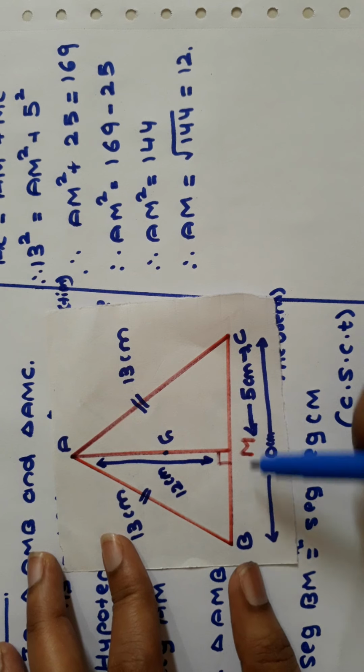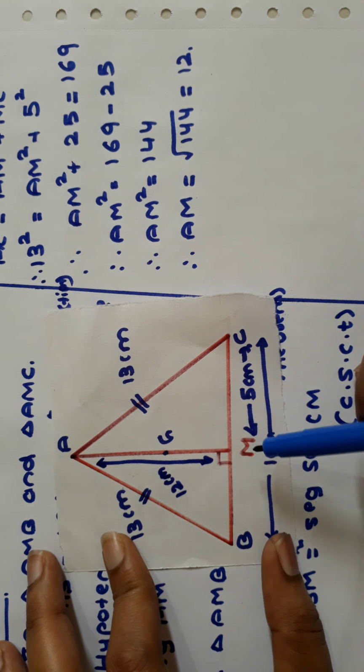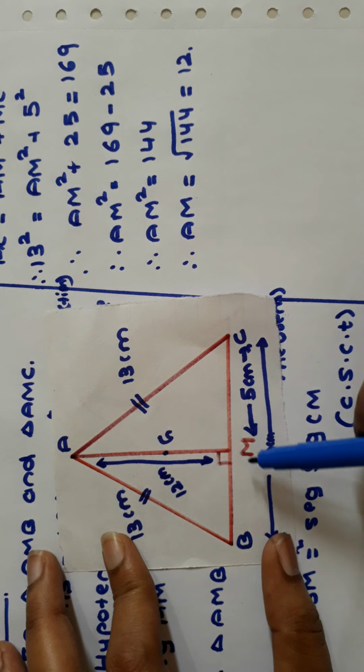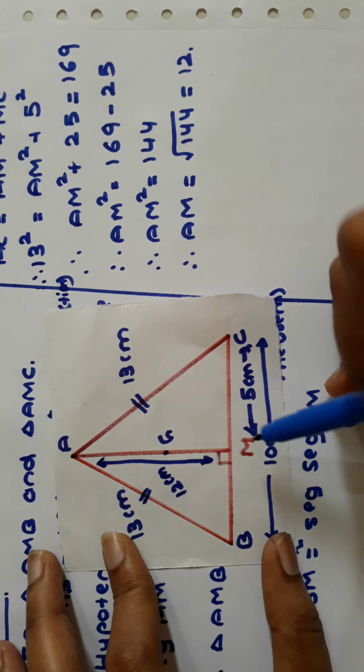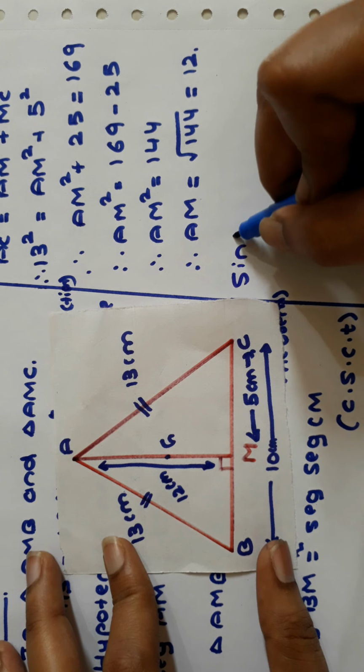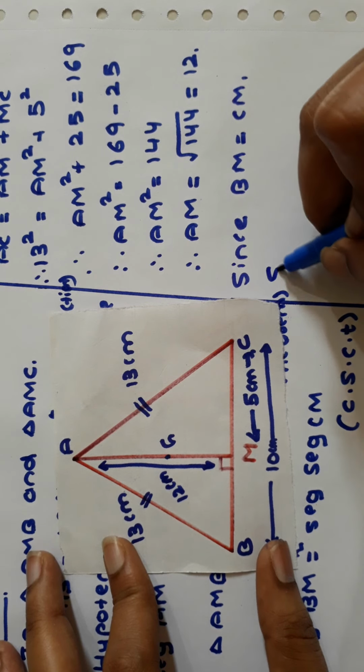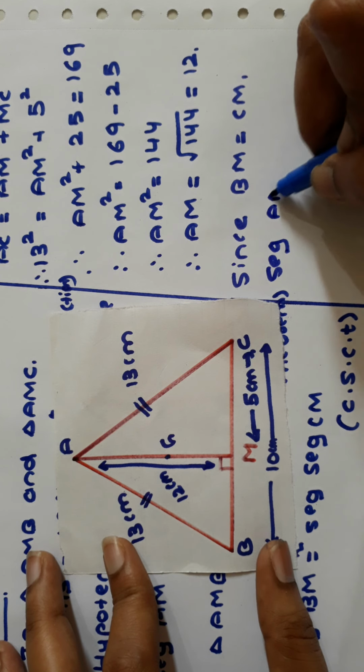Now since BM is equal to MC, point M is the midpoint of segment BC, and since point M is the midpoint of segment BC, segment AM is the median. Segment AM is the median.